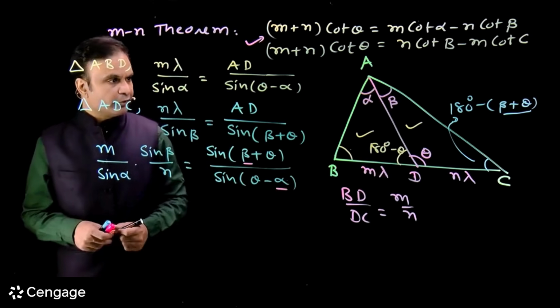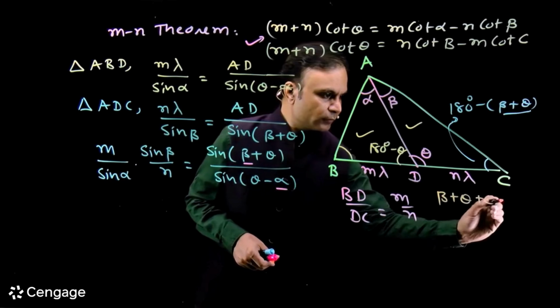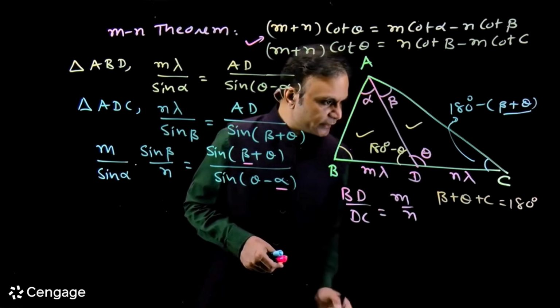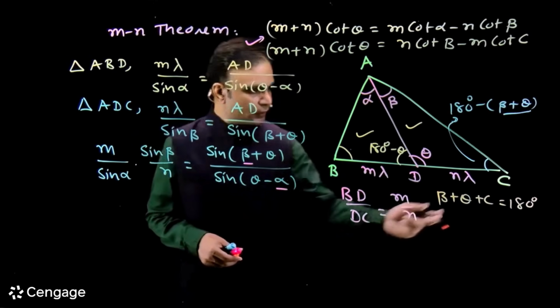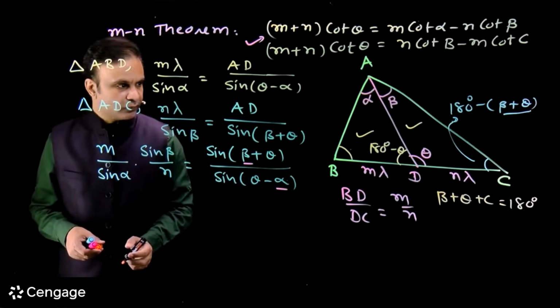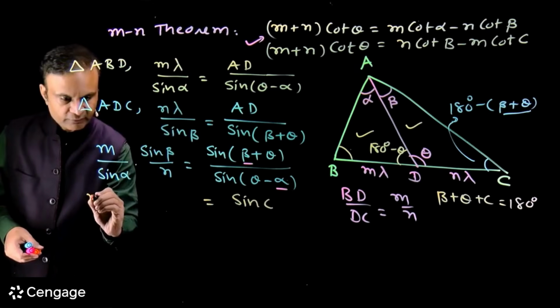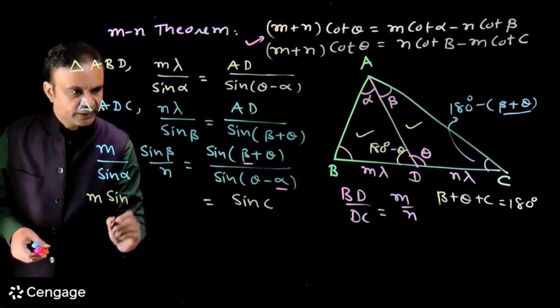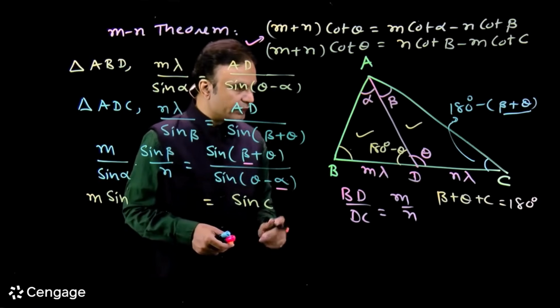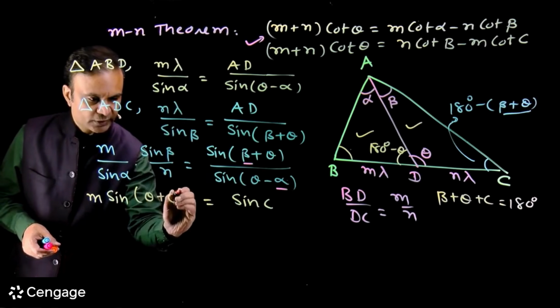Okay, now in triangle ADC we have beta plus theta plus C is equal to 180 degrees. So beta plus theta is 180 degrees minus C. Okay, sine of 180 degrees minus C is sine C, and here we have m multiplied by sine of beta, which is 180 degrees minus (theta plus C), so we have sine of (theta plus C).